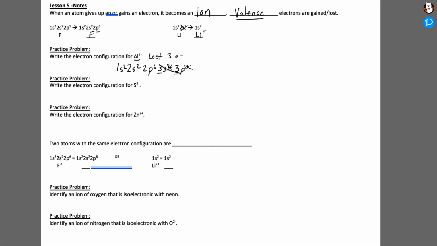So this entire 3rd energy level is going to go away. And so my electron configuration for the aluminum ion would be just 1s2, 2s2, and 2p6.